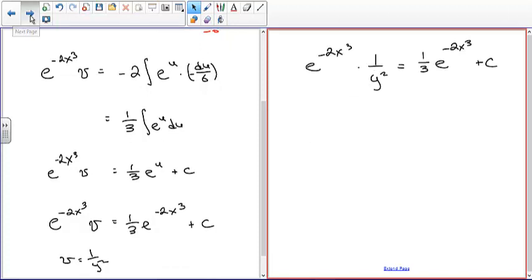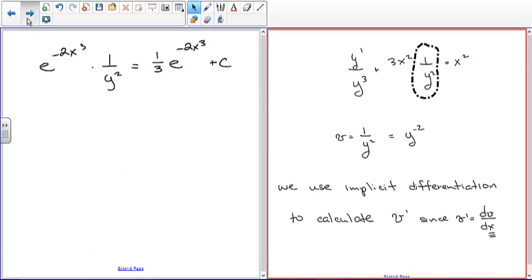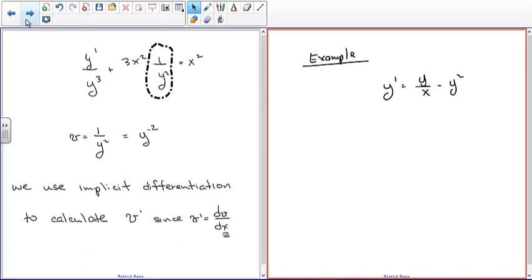Okay, so I'm going to do one more, and here's another one. Again, it's not linear because I've got the y squared term. But I am going to put it in standard form for a Bernoulli equation.